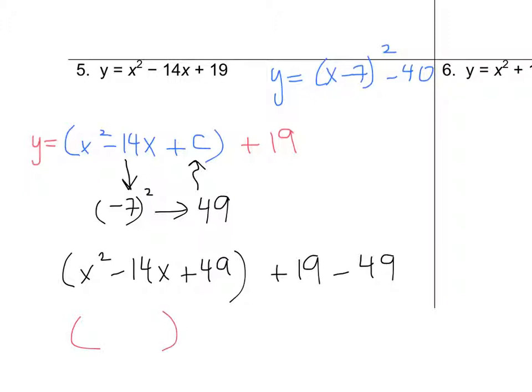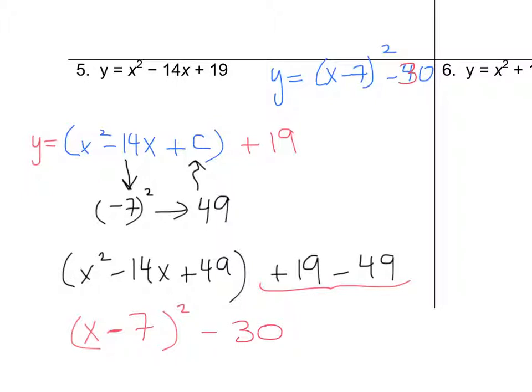Now my perfect square is going to be x minus, since we have a negative 7 over here, so it's x minus 7. And 19 minus 49 will give me a negative 30. So that's a negative 30.